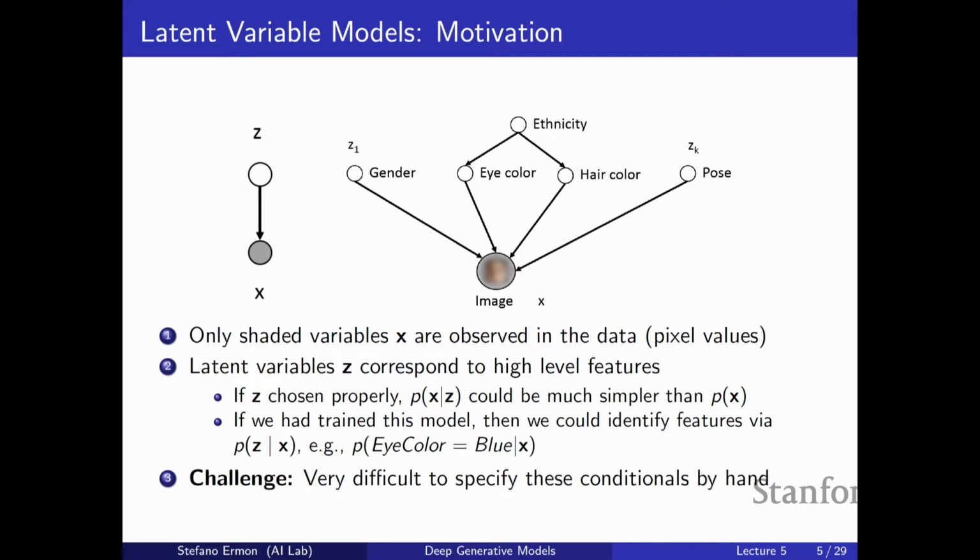And the problem is that it might be very hard to specify a graphical model like this and specify all the conditionals. So as usual, instead of taking the graphical model or Bayesian network view that we have here, we're going to try to use deep neural networks to do the work for us.